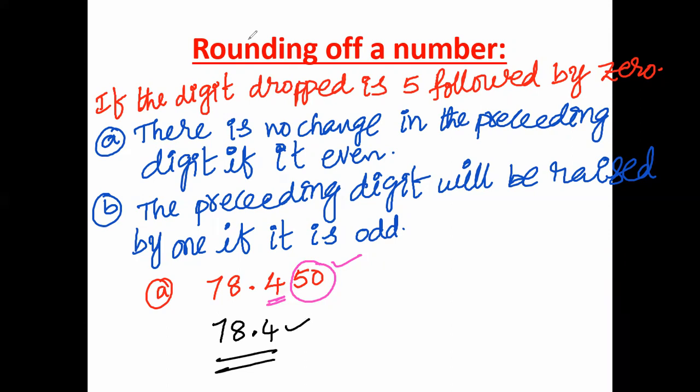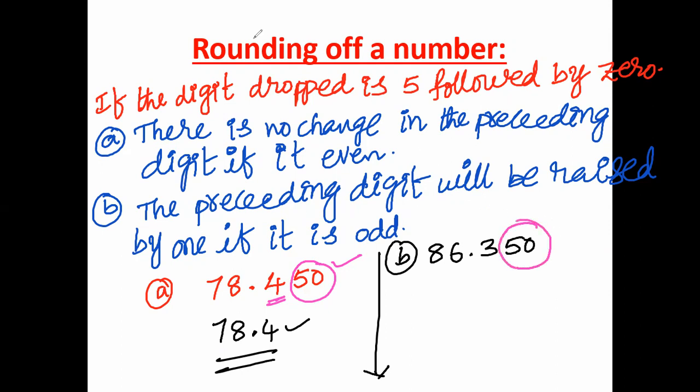Next, for the second example, 86.350. I am going to drop up to 5, and it is followed by 0. As the preceding digit is odd, it will be raised by 1. 86.4, like this. These are the rules.